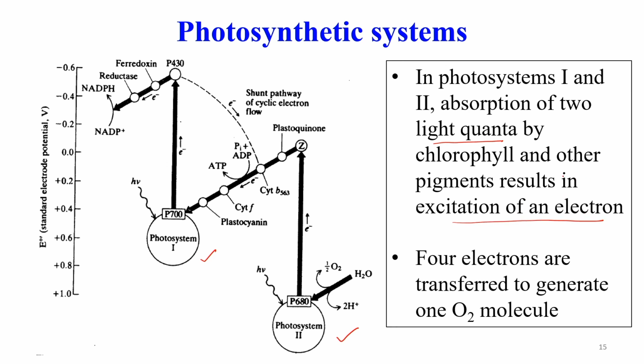So, 1 electron requires 2 photons, and 4 electrons are transferred to generate 1 oxygen molecule. So, for 1 oxygen molecule there are 4 electrons, and for 1 electron there are 2 photons. So, for 1 O2 molecule it requires 8 photons.